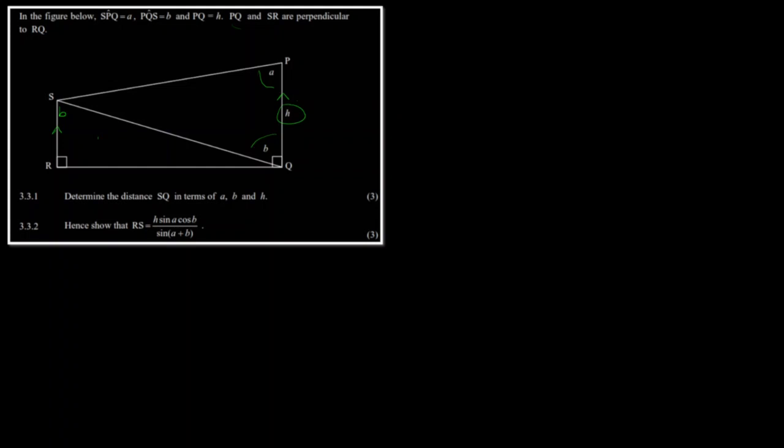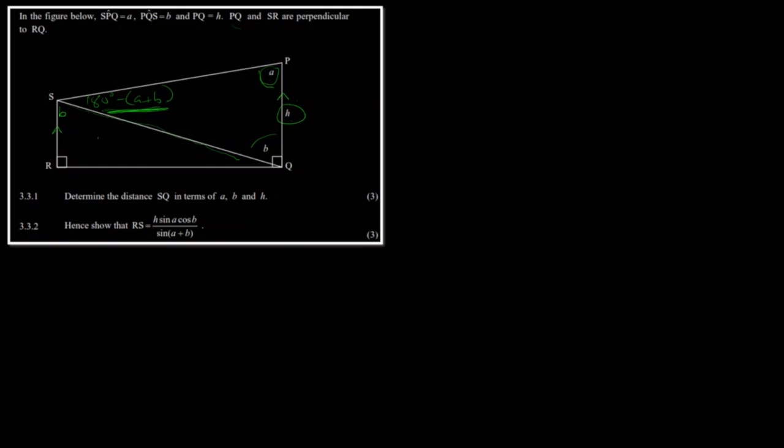And then, well, given that this is 3D trig, might as well do that over there. Now let's see. Determine the distance SQ in terms of A, B, and H. Well, SQ is what we want, and we have a known value over there at that vertex P, and then we have H, and then at angle PSQ we've got this, which we just calculated.